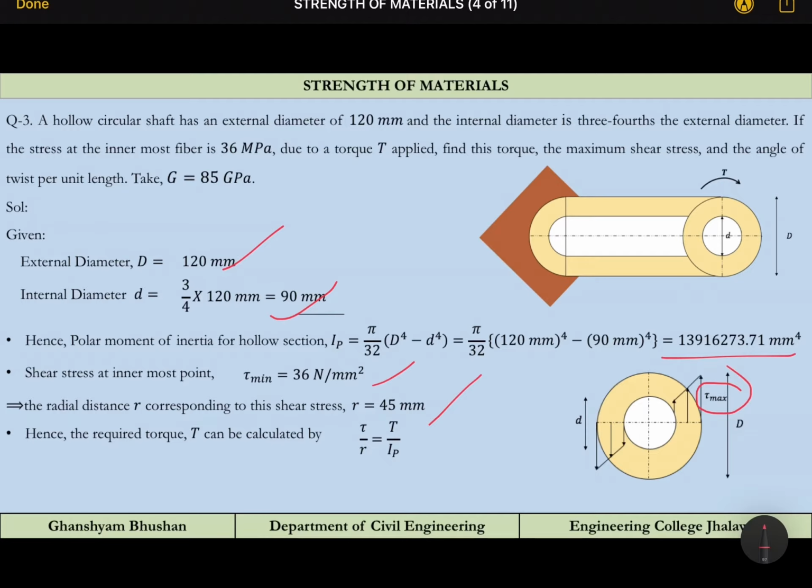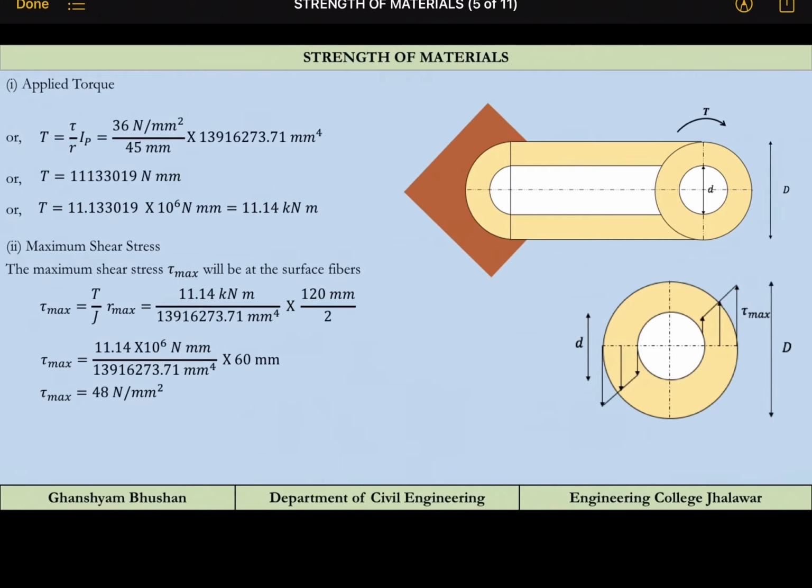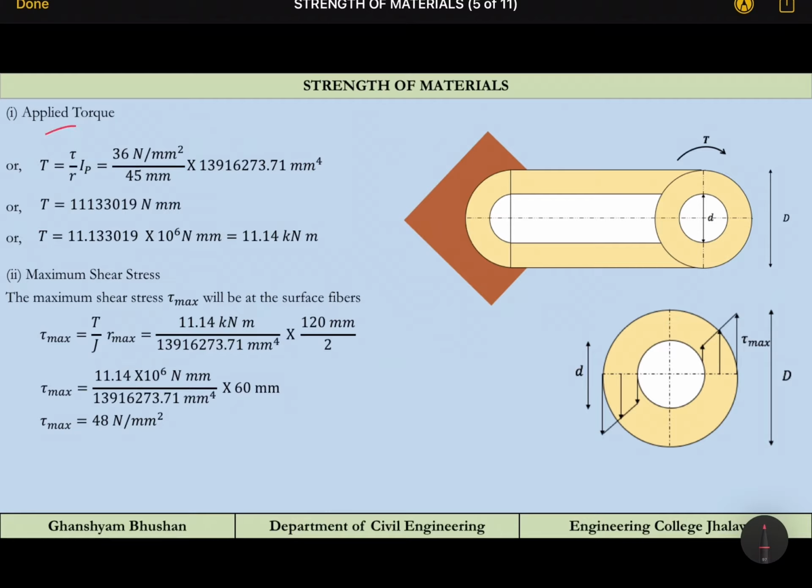The radial distance corresponding to the minimum shear stress will be 90/2, which is 45 mm. Put the values in this formula and we can get the value of capital T. Tau is 36 megapascal, and corresponding to it the radial distance is 45 mm.